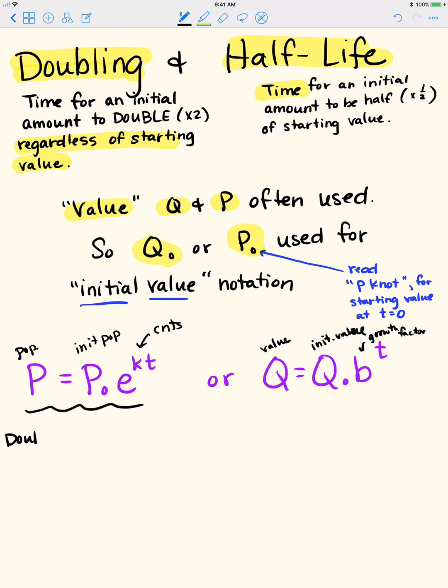Because if you look at doubling, then what you actually do is you take the initial population and you double it, which is just times by 2. So if you're looking for the time it takes to double, the setup will be, I want to double the initial population, given my initial population, with e to the kt power.